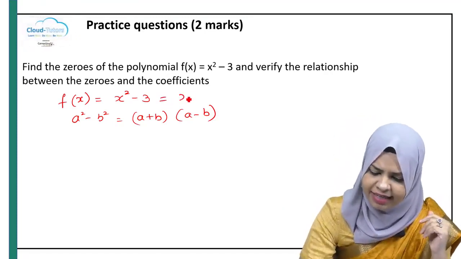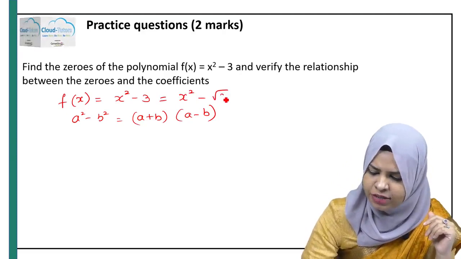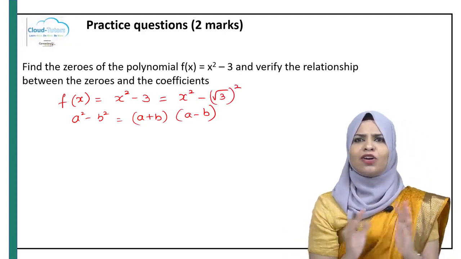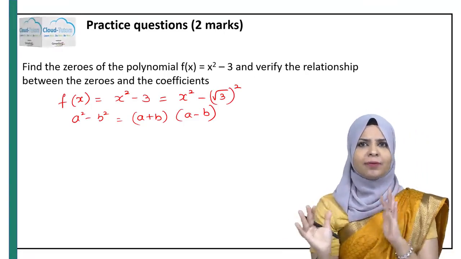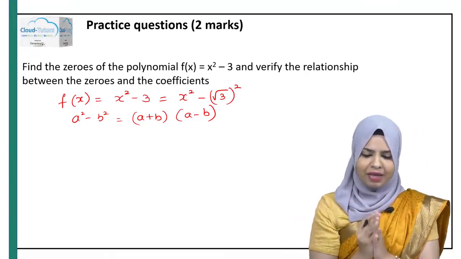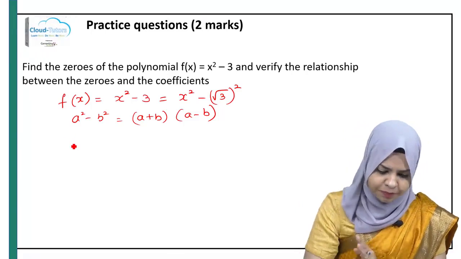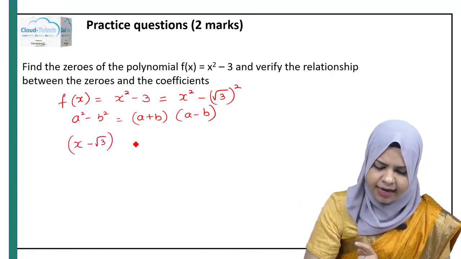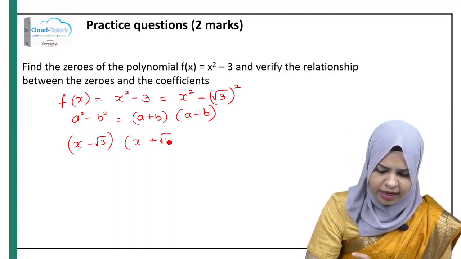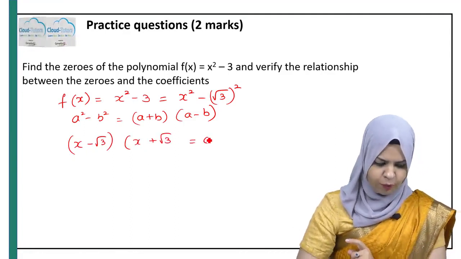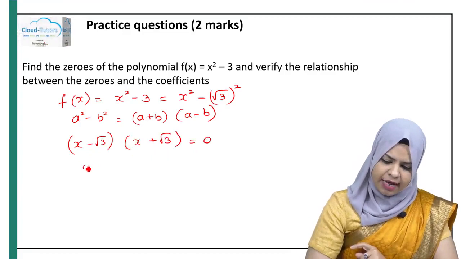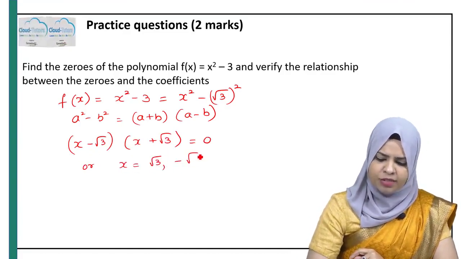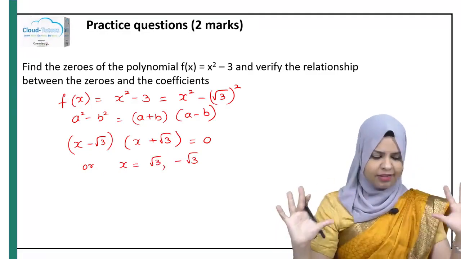I can rewrite this as x square minus root 3 the whole square. And what is root 3 the whole square? It is 3 only. We are not altering the values here. We are still writing the same. So what are the roots? It is x minus root 3 and x plus root 3 equal to 0. Or I can say x is equal to root 3 and minus root 3. So we found the factors now.